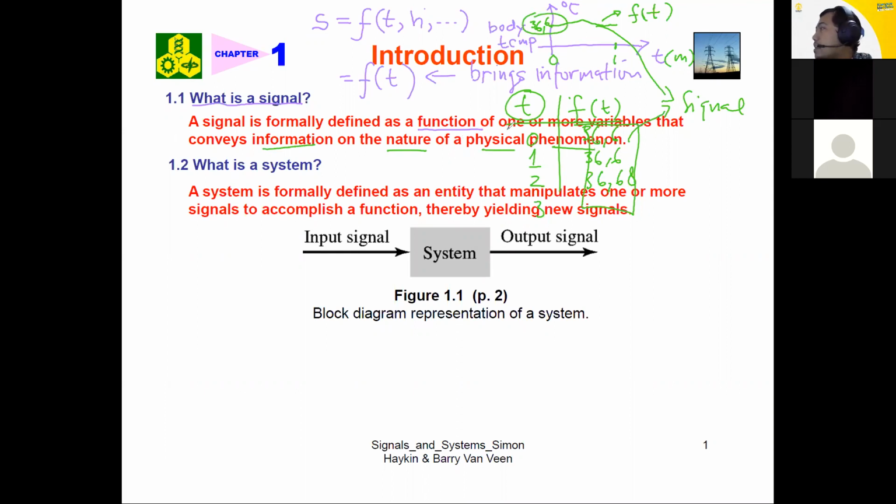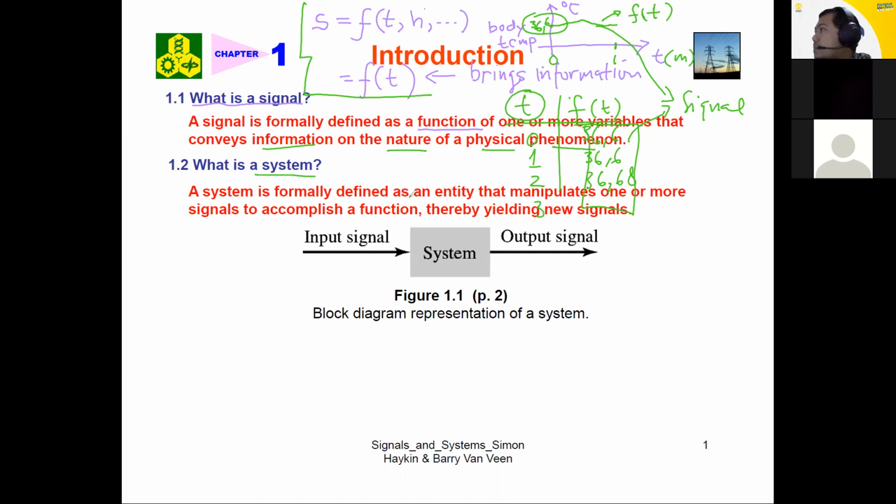Physical means like physics, a physical phenomenon, not artificial. Natural, coming from nature. Our body temperature is natural, not artificial. Okay, I hope these definitions are clear. So let's move forward to the system.